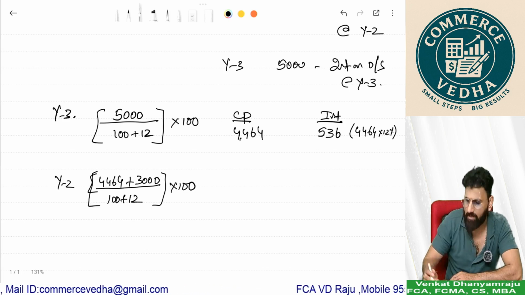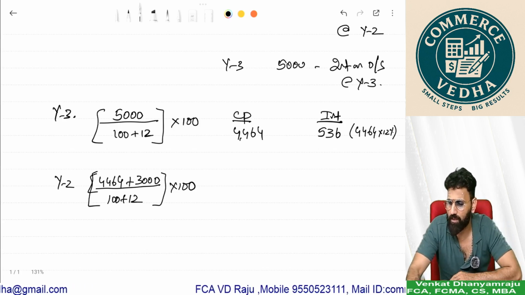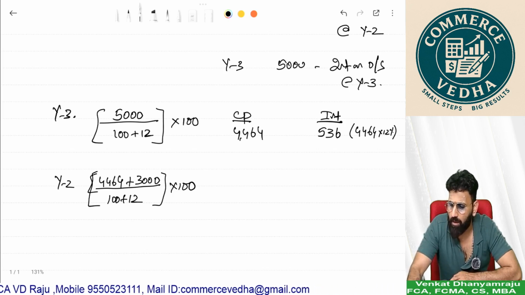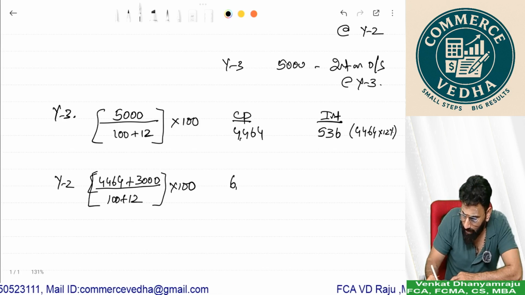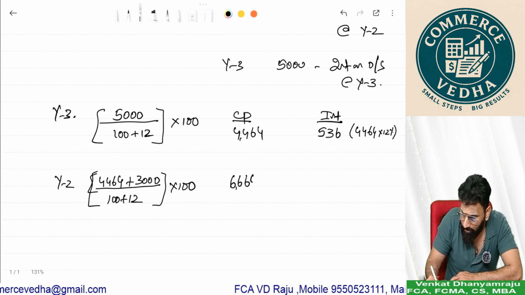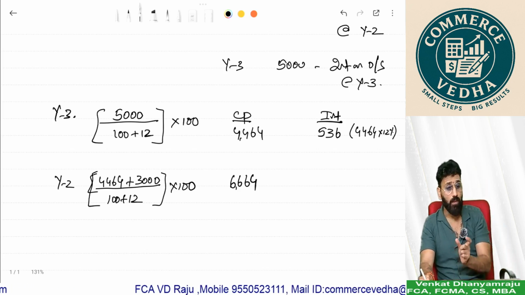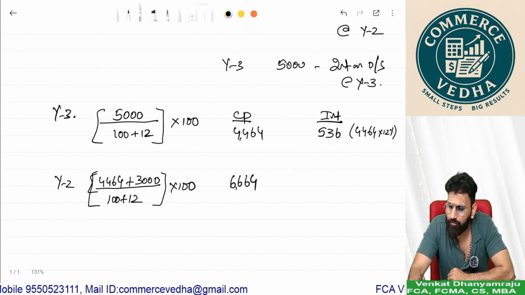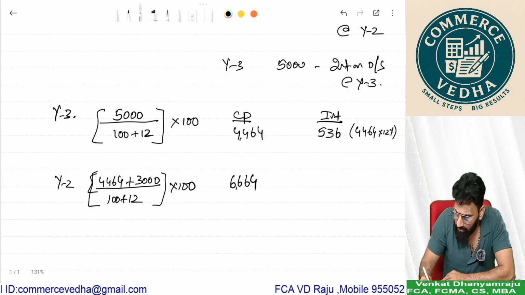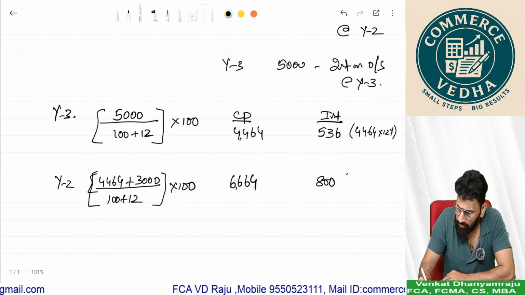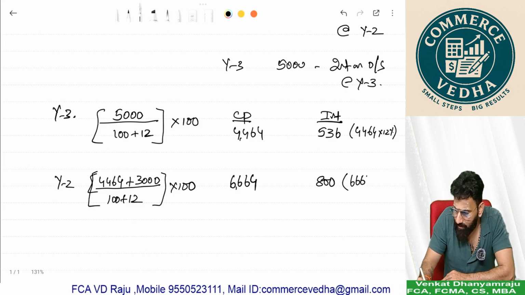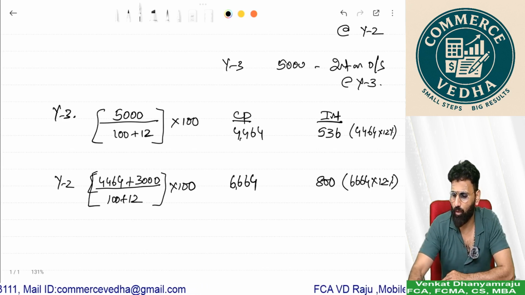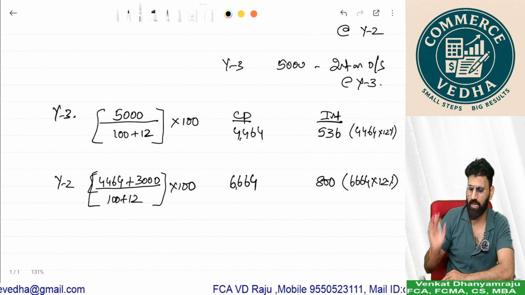You know what the cost price is. 4464 plus 3,000 by 112 into 100 is 6664 is the cash price. Out of 7464, there should be interest, which is 800, which is nothing but 6664 into 12%. So 6664 into 12% interest is 800.